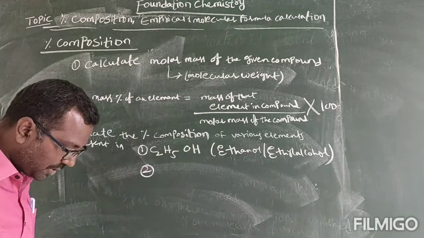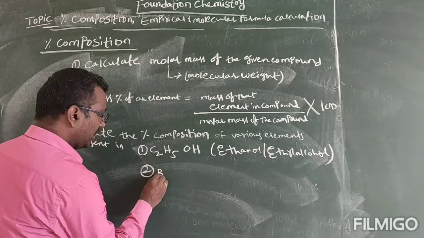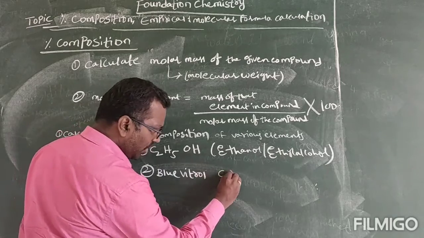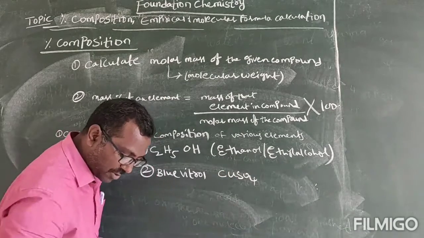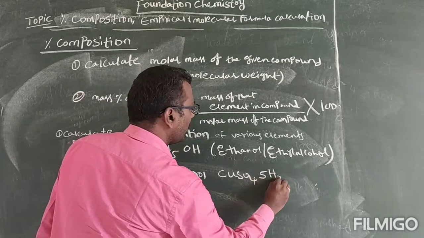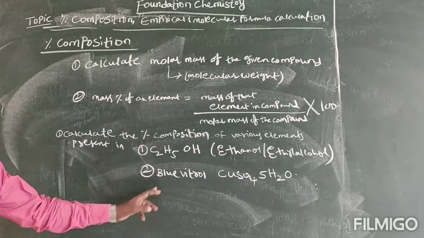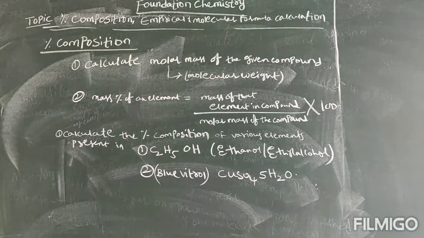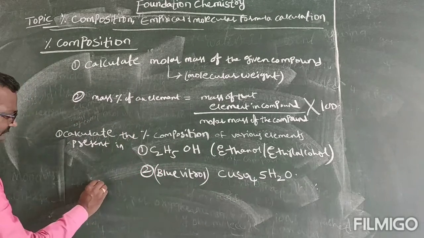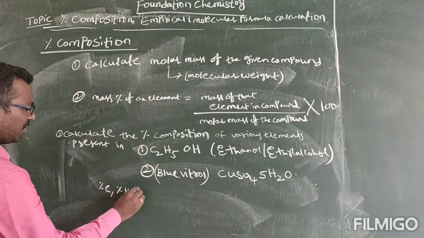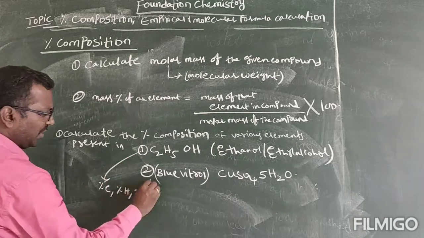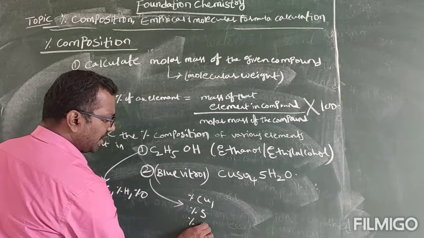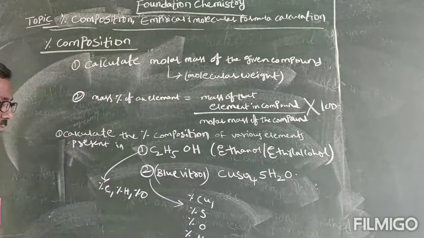Next, the second one is blue vitriol. The blue vitriol formula is CuSO4·5H2O. That is, CuSO4·5H2O is called the blue vitriol. You have to calculate the percentage of carbon, hydrogen and oxygen in the first one, and in the second one the percentage of copper, sulfur, oxygen and hydrogen.